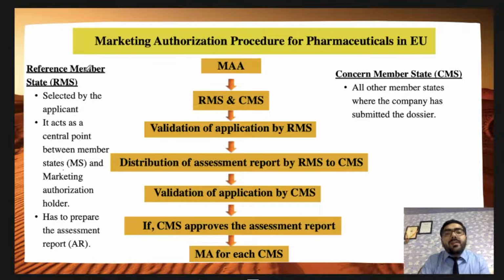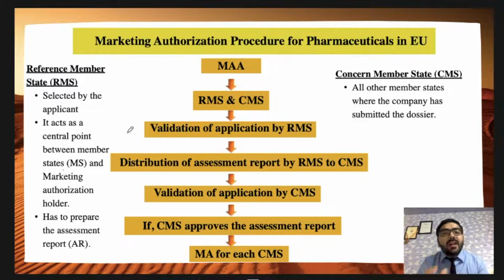RMS is the reference member state and CMS is the concerned member state. The reference member state is selected by the applicant. So whoever wants to market a particular product will accordingly select the RMS in a country. The RMS acts as a central point between the member state and the marketing authorization holder.